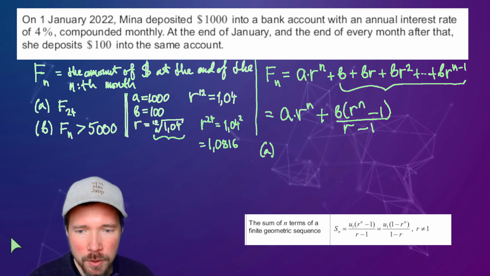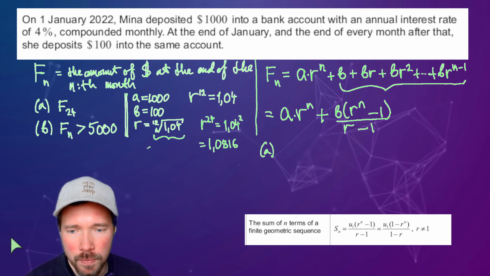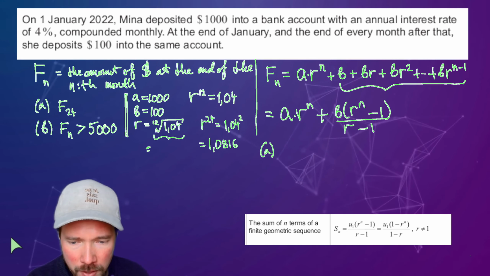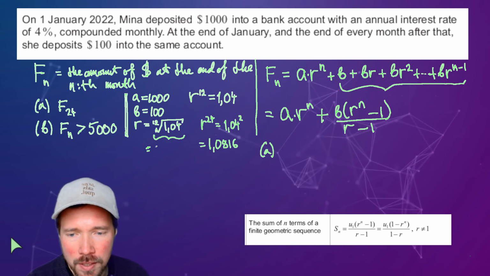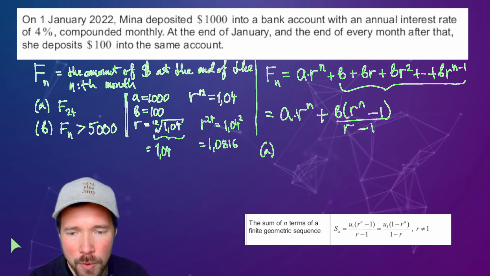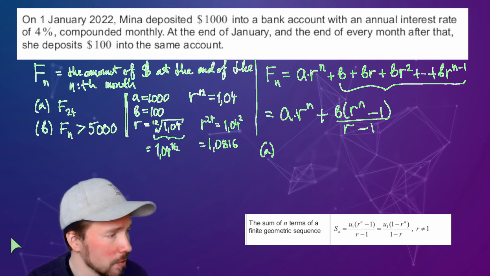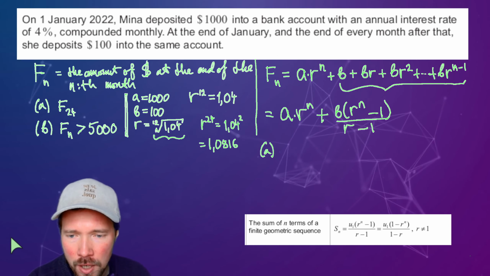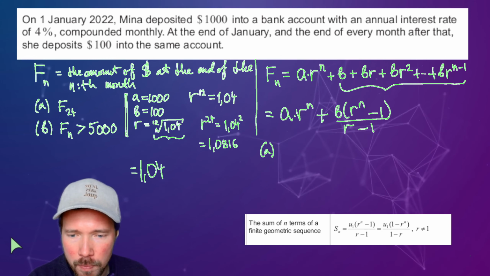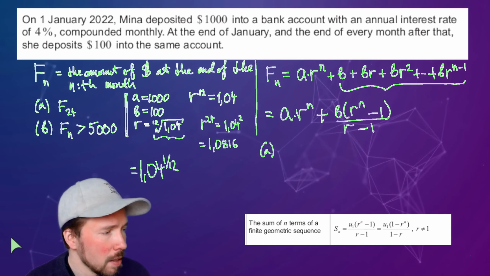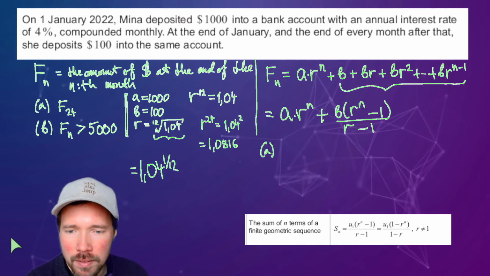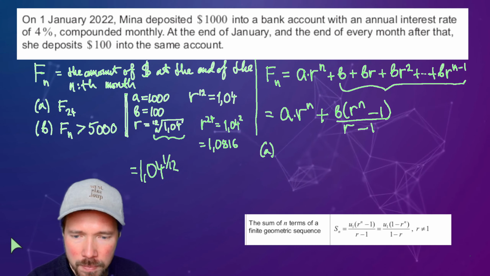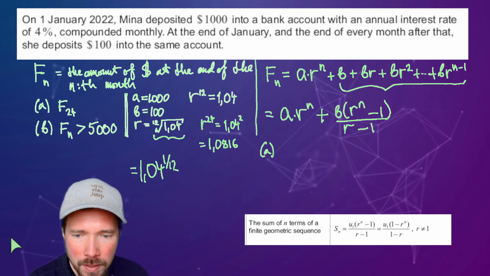We have to calculate this actually. Using some simple calculator functions, taking the 12th root is the same thing as raising to the power 1 over 12. I have another video where I explain why taking a root is the same as this power, but I'm not going to explain it now.